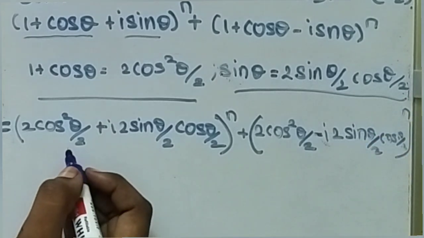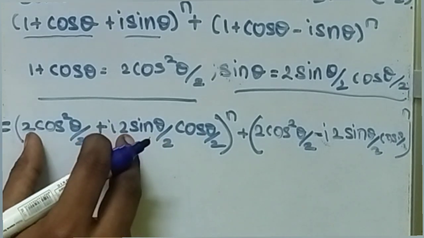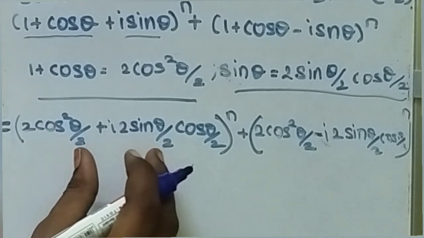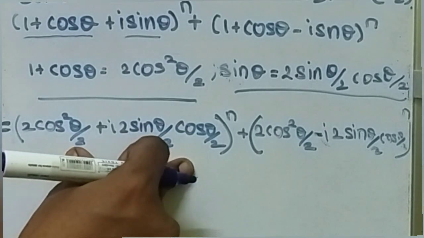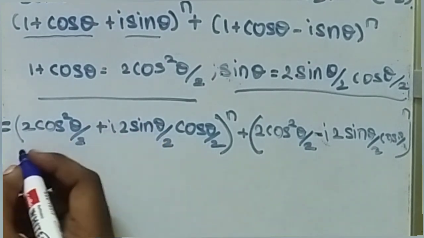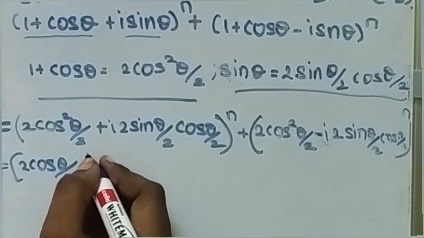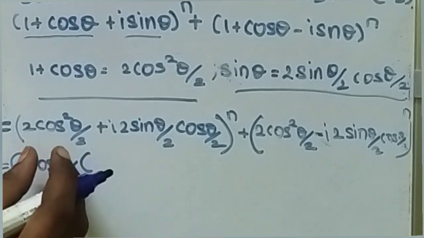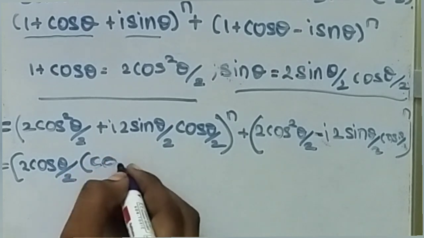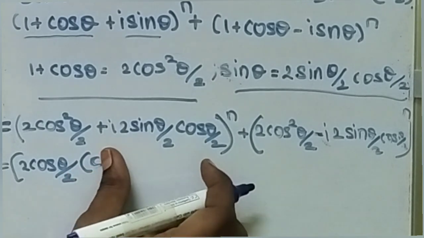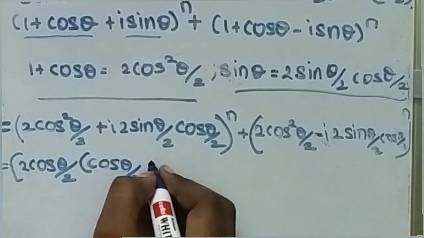Clear. So in both these terms we have cos theta by 2 as common and 2 as common. So I am going to take these two outside. I am going to take 2 cos theta by 2 as common from both these terms. So it will become 2 cos theta by 2 multiplied by, if we take 2 cos theta by 2 out, it becomes cos theta by 2 plus i.